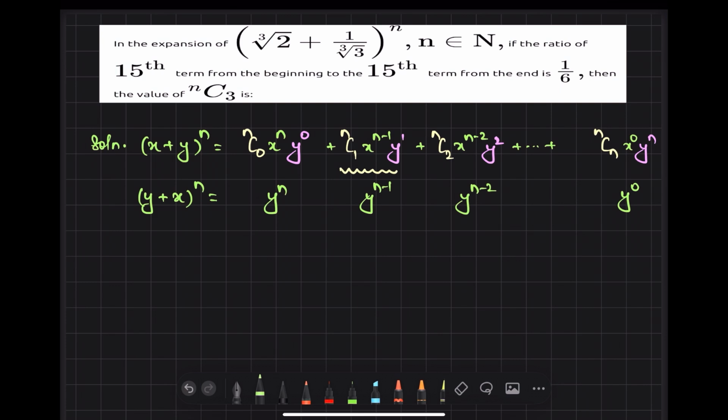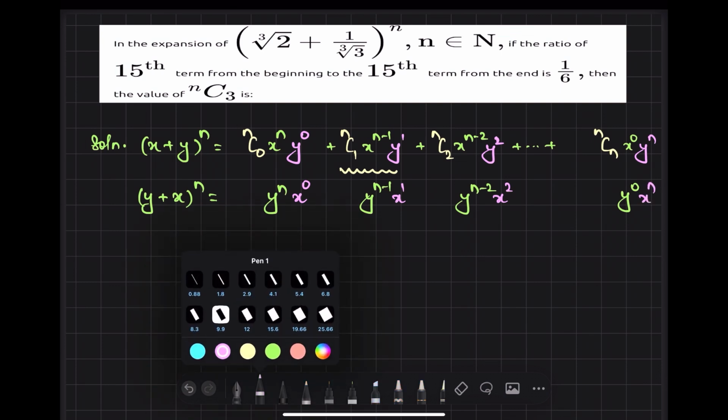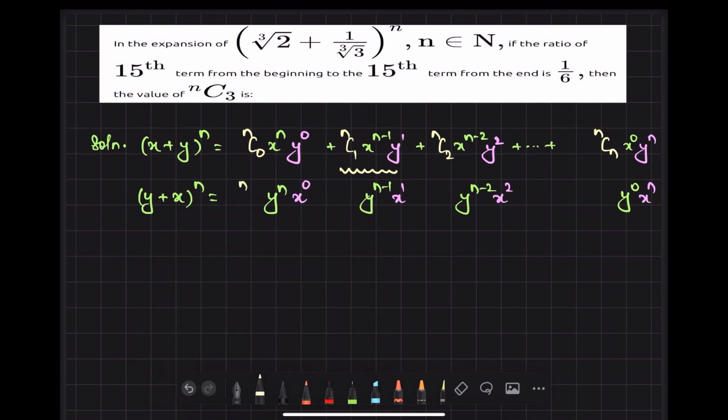Now introduce the other variable, x, which carries minimum power 0, then x power 1, x power 2, up to x power n, and then you introduce the binomial coefficients nC0, nC1, nC2, up to nCn.